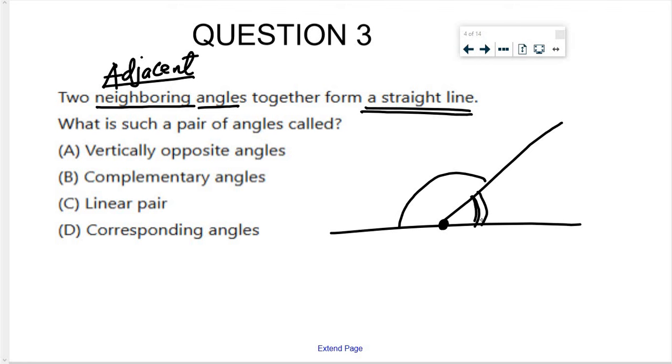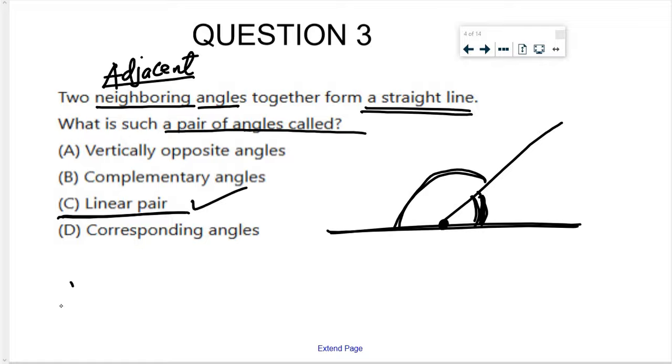Now, this angle you see here and this angle you see here, both of these angles are known as linear pairs. So, two neighboring angles together form a straight line. What is such a pair of angles called? So, the pair is called a linear pair. And the correct answer is option C. And you write the sentence that defines it. So, linear pair.